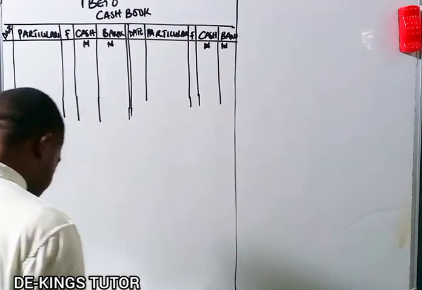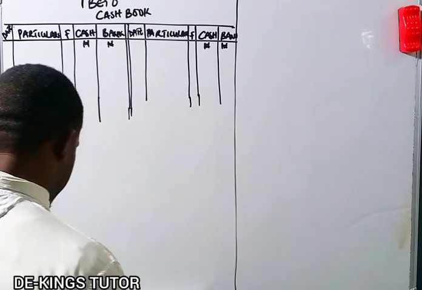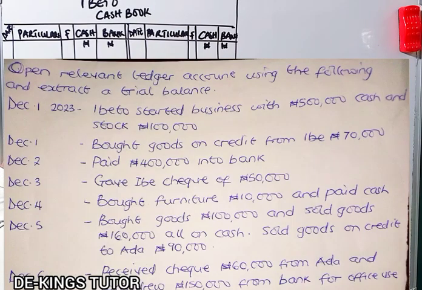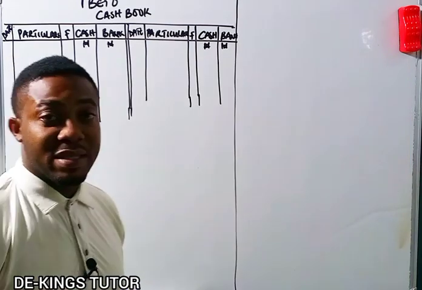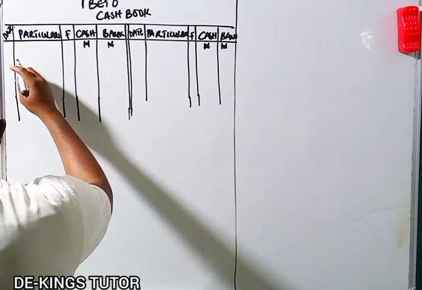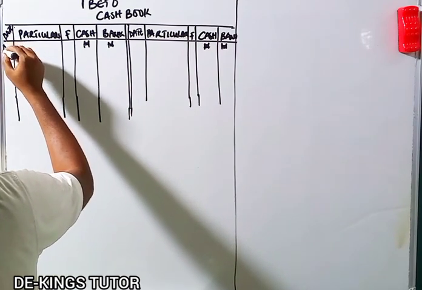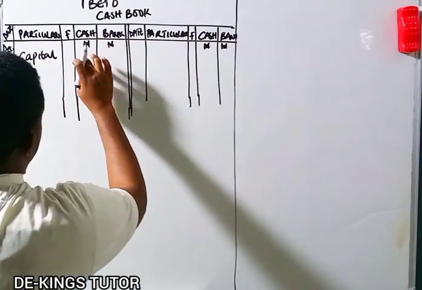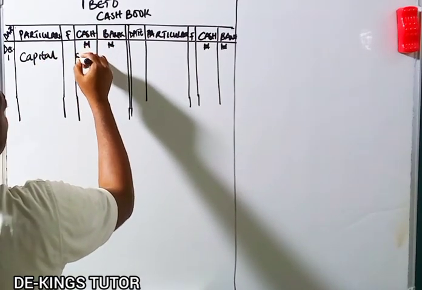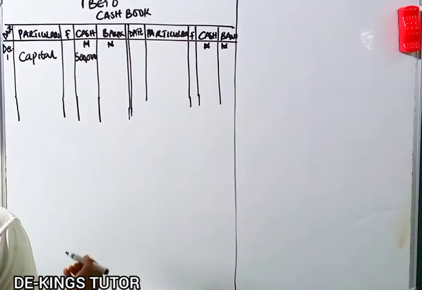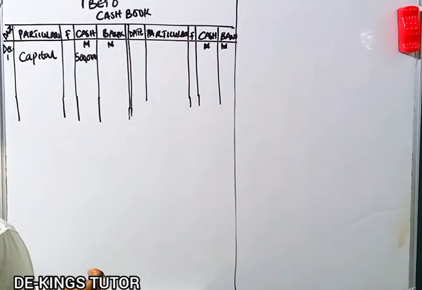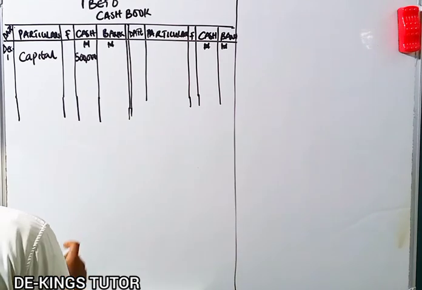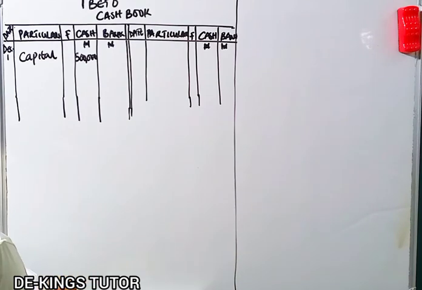Okay, so now the first question said Ibeto started business with 500,000 cash and stock of 100,000. So that is his capital. It is December 1st. It has capital and the cash is 500,000. Then it said he also opened with stock.